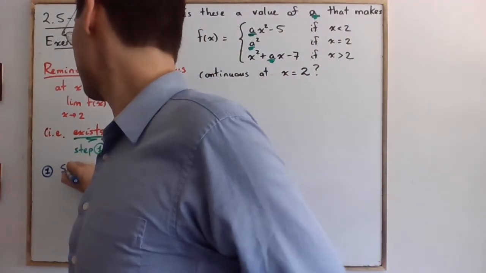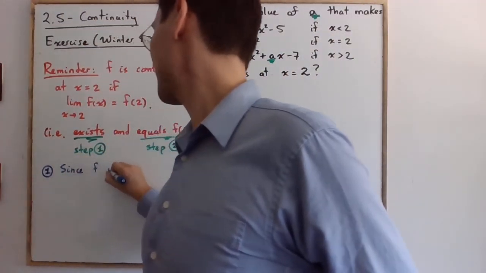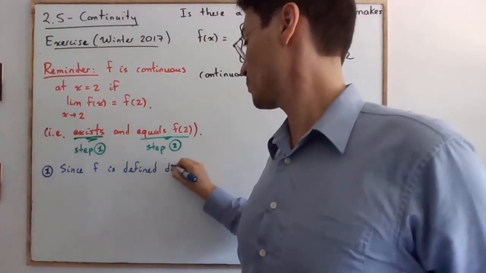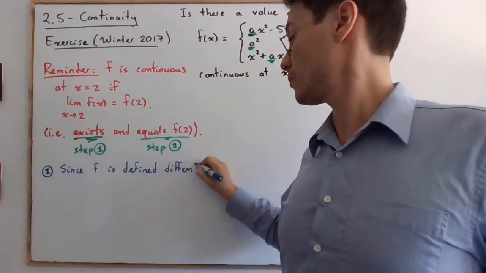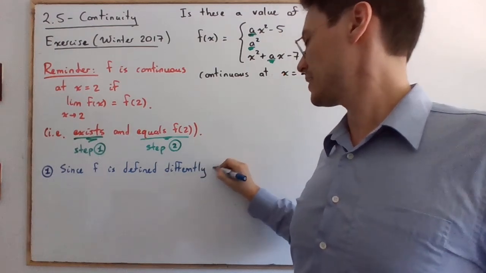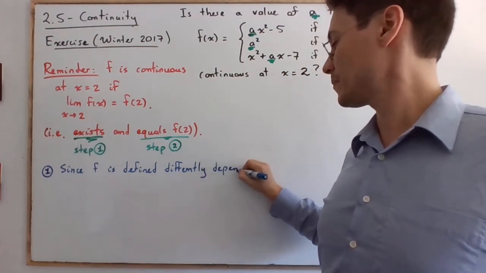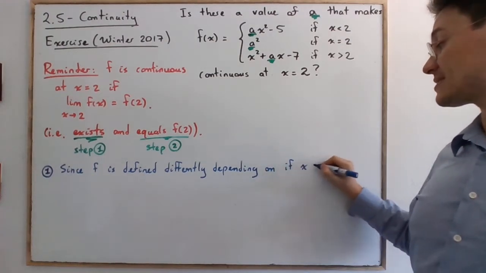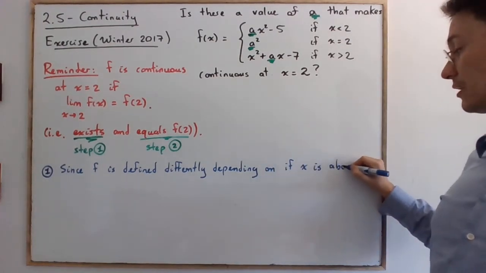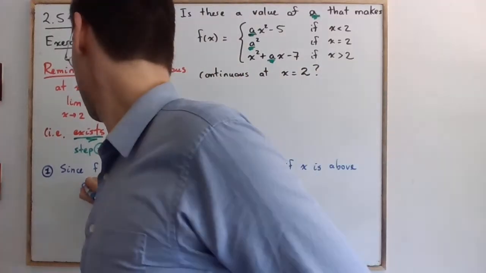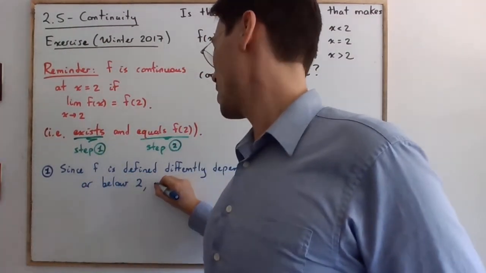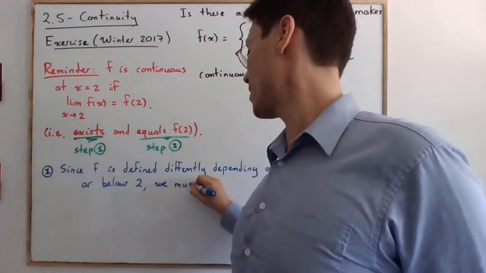Since f is defined differently depending on if x is above or below 2, we must take the limits from both sides.